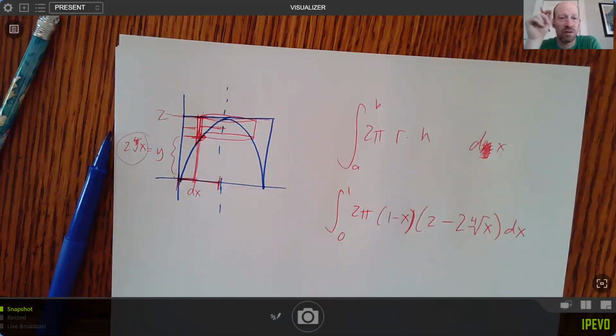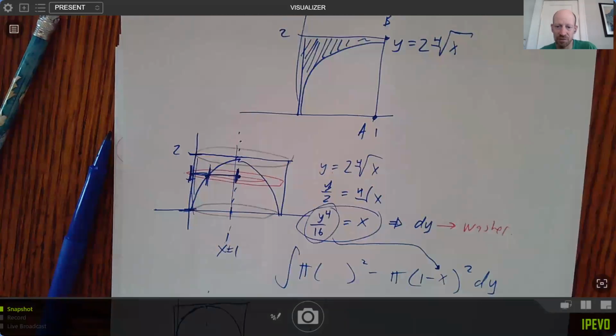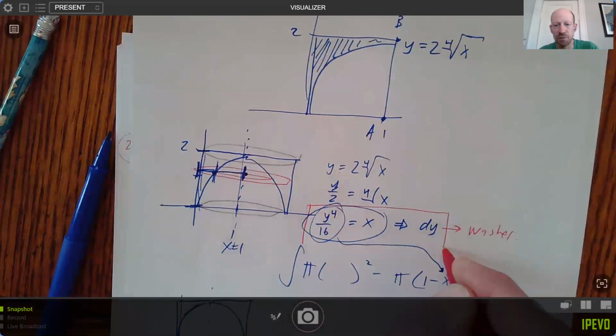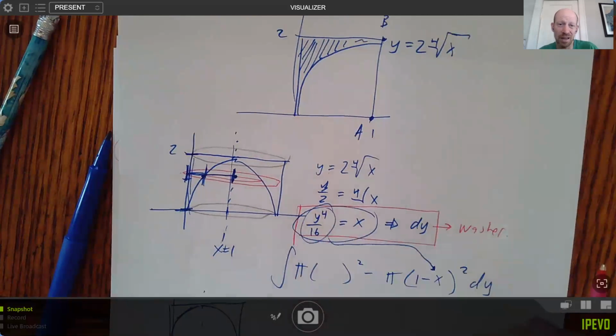This one is better done as a washer. We actually set it up in the beginning so that it was going to be the nicest one to work with. Okay.